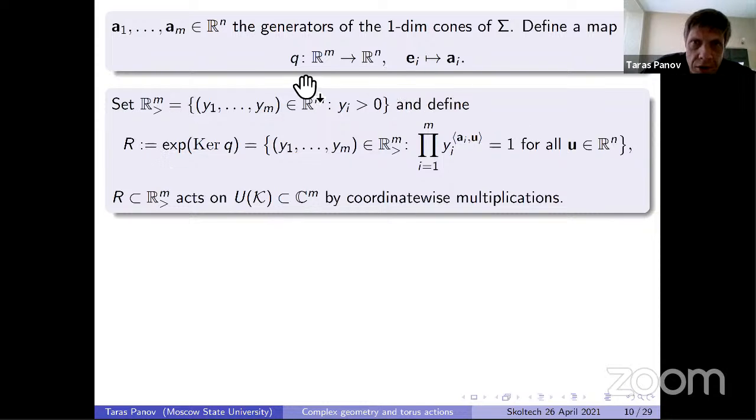The kernel of this map is an (m minus n)-dimensional subspace, and you take coordinate-wise exponentials, or you can write it in multiplicative notation. That will be an (m minus n)-dimensional subgroup in the multiplicative group of m-tuples of positive reals.